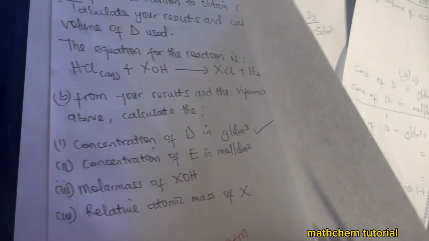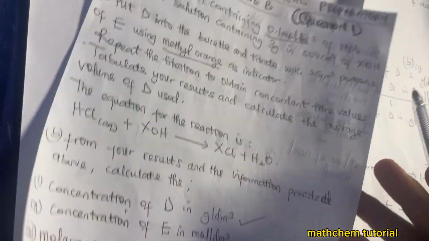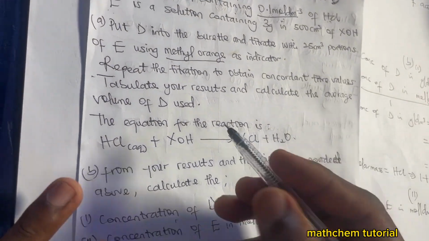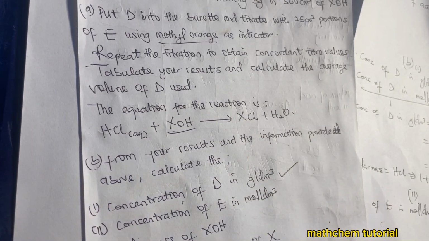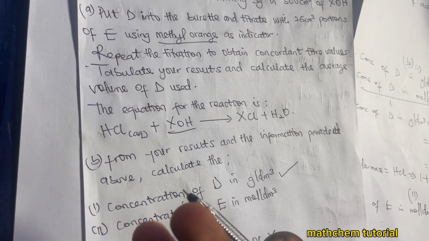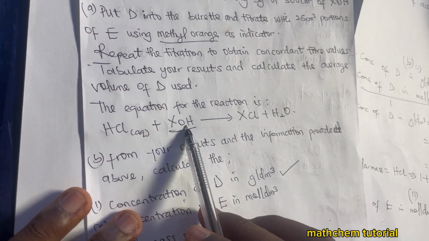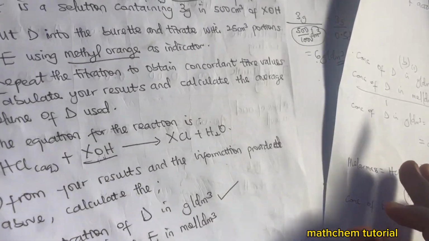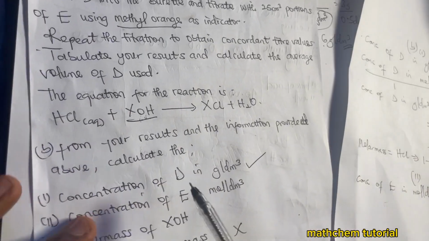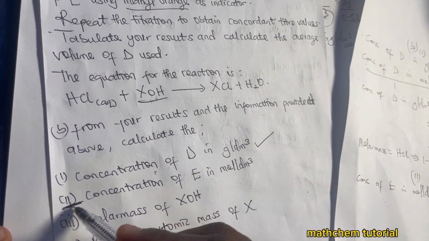But from this particular question, there is no way I can calculate this molar mass because I don't know what X is. So I cannot calculate the molar mass of this, and that is what makes me not use this method to solve this particular question BII.